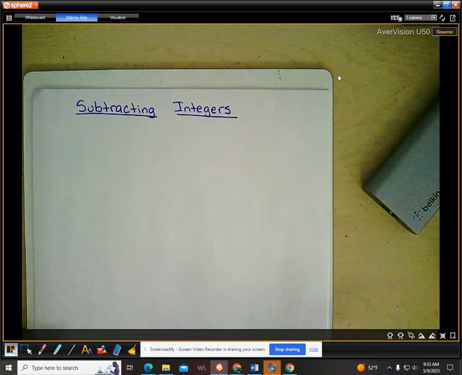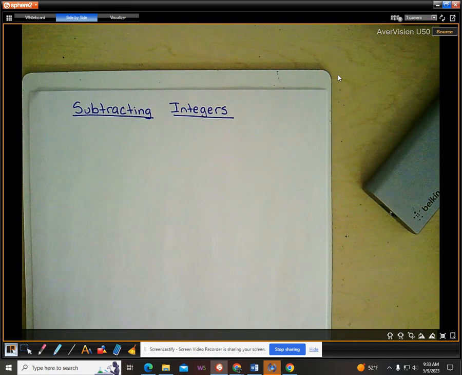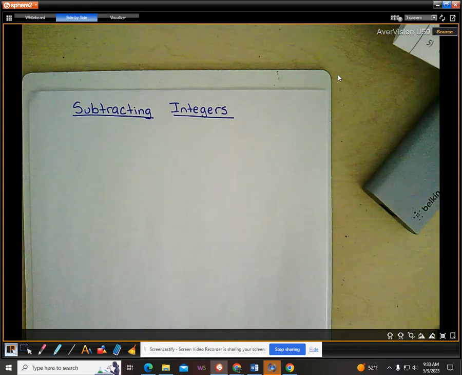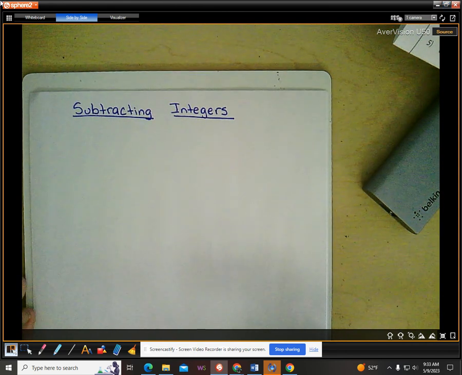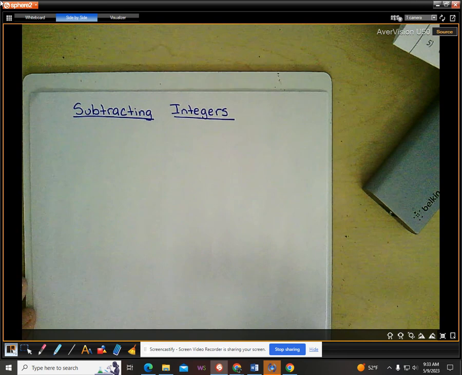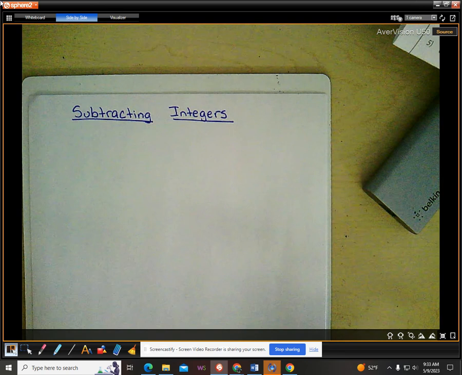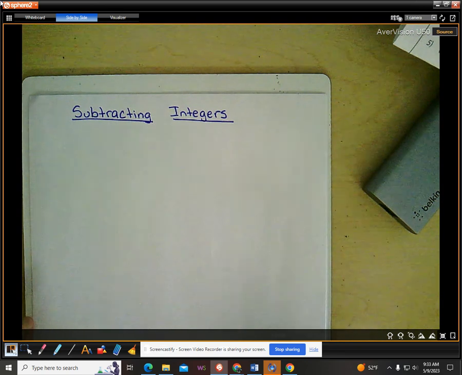for your assignment today. So remember on Monday and Tuesday when we discussed adding integers, I told you it was important to learn how to add integers because when we get to subtracting integers, you are actually not going to subtract integers. So when you have a subtraction problem that involves positive and negative numbers or two negative numbers, you actually change the subtraction problem to addition.